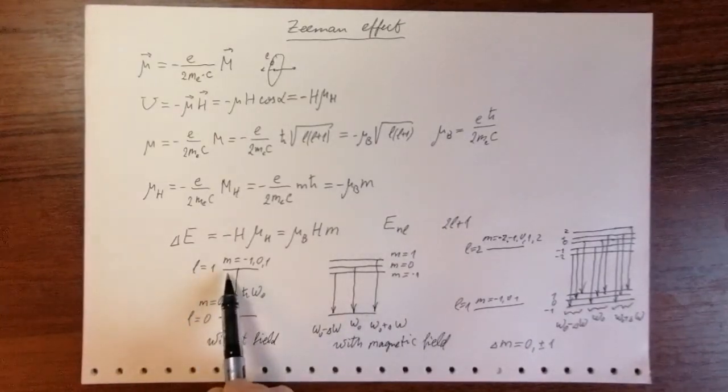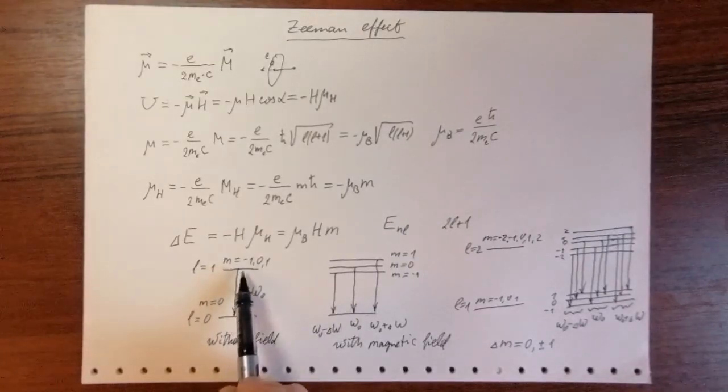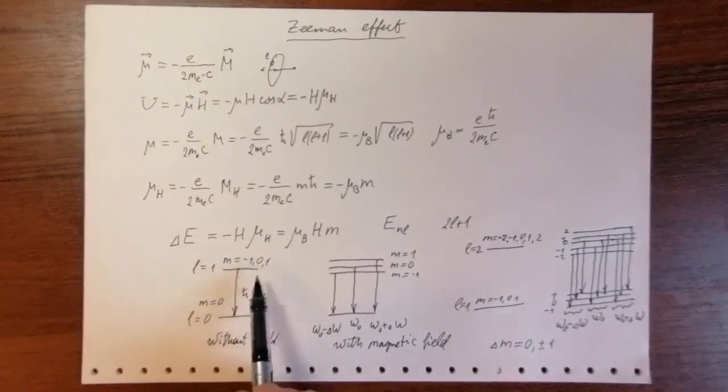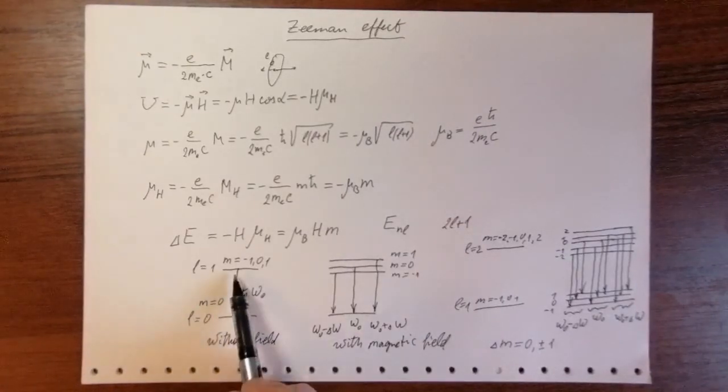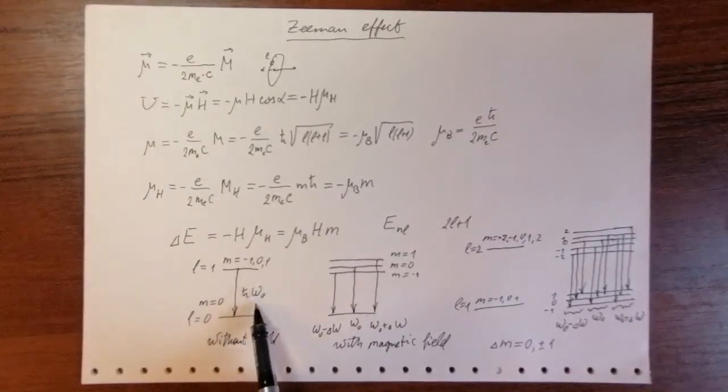Then this level can have three different orientations of momentum, so projections which are characterized by m equal to minus 1, 0 and plus 1, and the other only with m equal to 0, only one possibility. And transition of electron from this level to this level will produce a line with frequency omega 0, because the difference of energy is h omega 0.